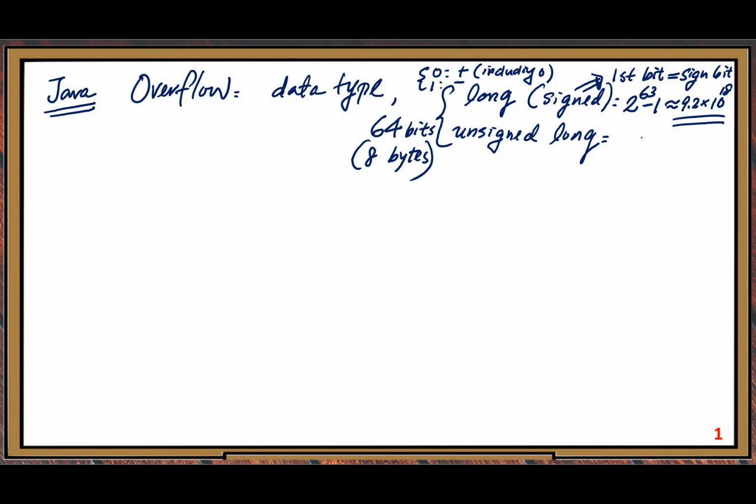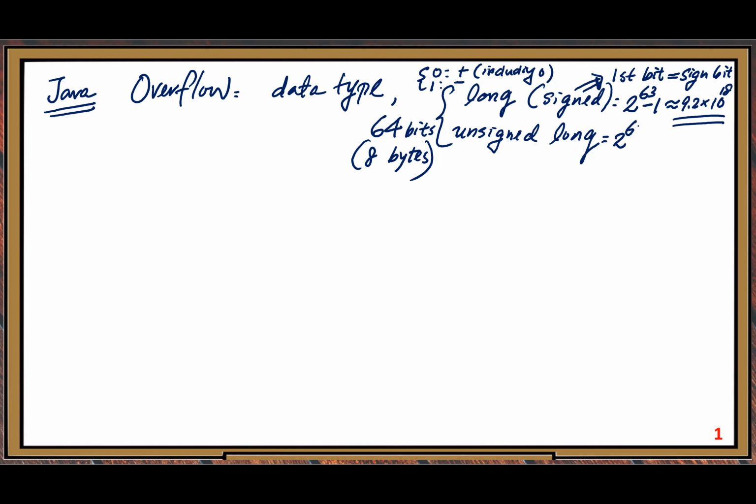Unsigned long integer uses all the bits, because you do not need to represent the sign bit. No sign, so all bits can be used to represent a number.